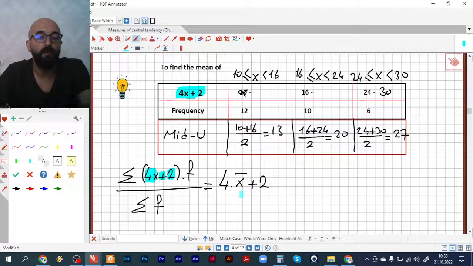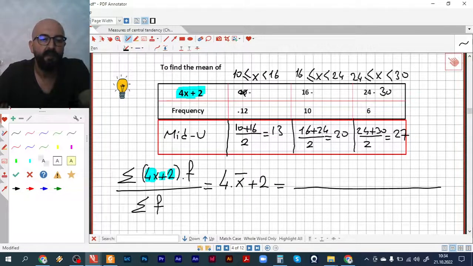So according to the mean, it is 4 times the mean plus 2.